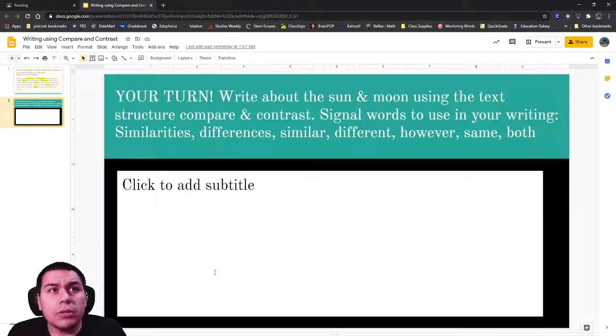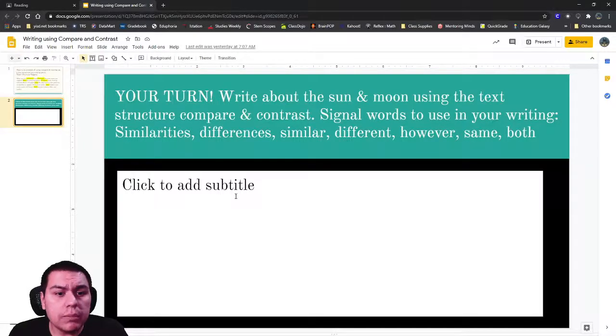And just like with the chronological order, we are going to write a paragraph using compare and contrast. So for this example, I want you to pick 2 different fruits to write about.